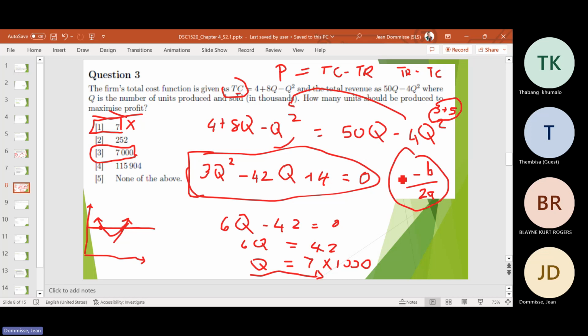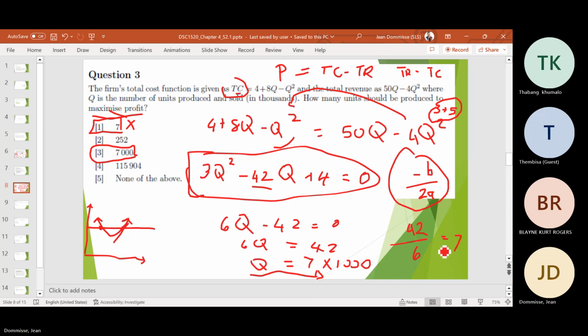So if you look at using this, we would have said minus b, so it would have been 42 divided by 2 times 3. So 42 divided by 6 would have given you 7.